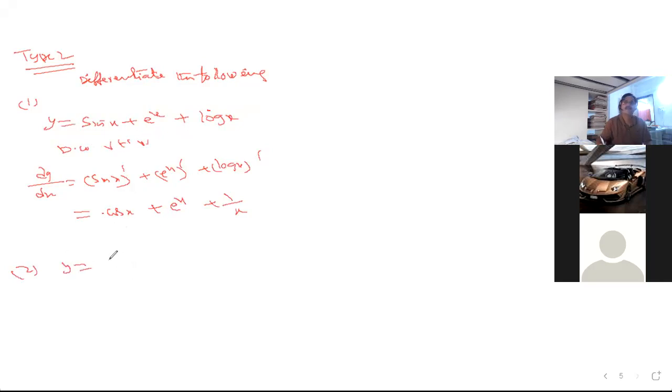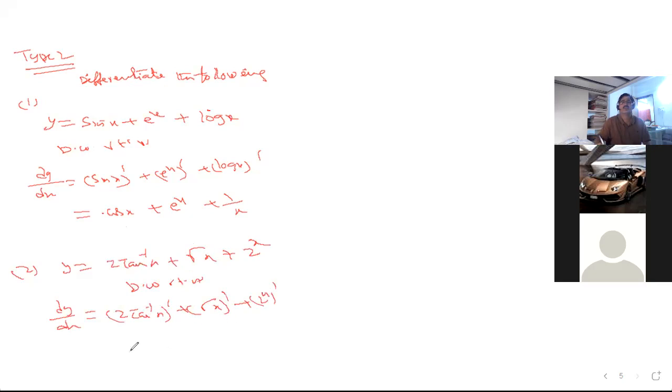For example, suppose I said 2 tan inverse x and something root x plus 2 to the power of x. How are you going to write? You write this step, compulsorily differentiate with respect to x. Even though some people think they are wasting their time, no, sir, they are making it perfect.